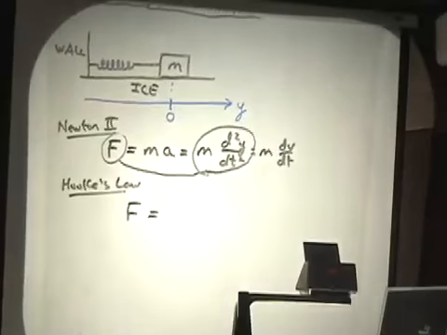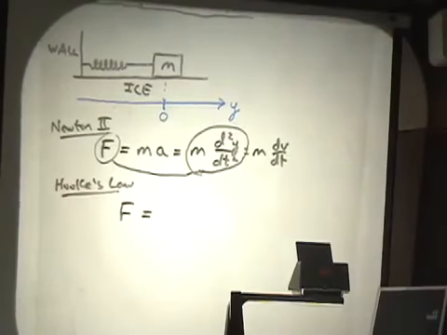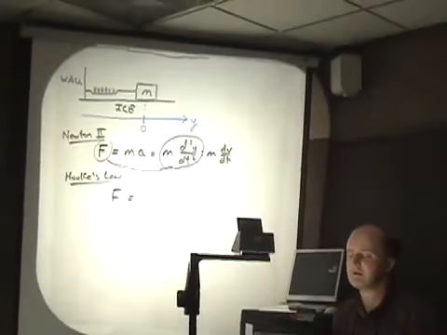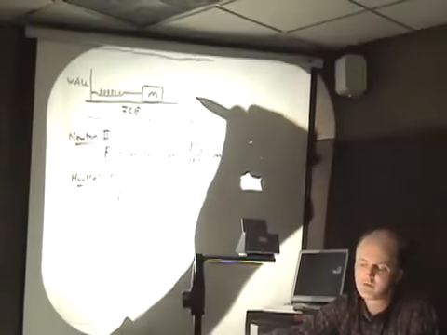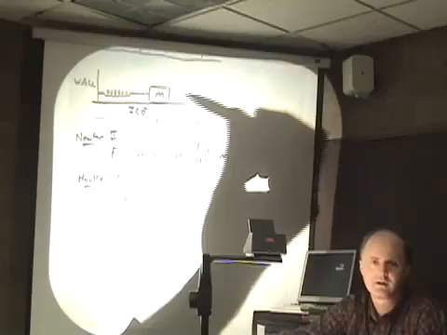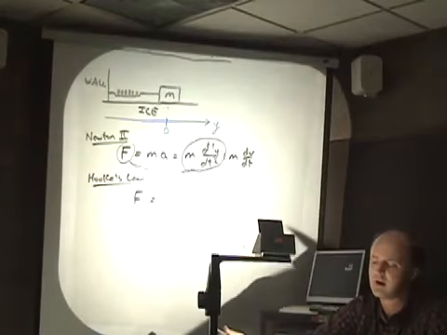So the first fundamental thing to realize about Hooke's law is that it points in the opposite direction as the value of y. If y is positive, the restoring force is negative. It wants to pull back toward negative values of y.